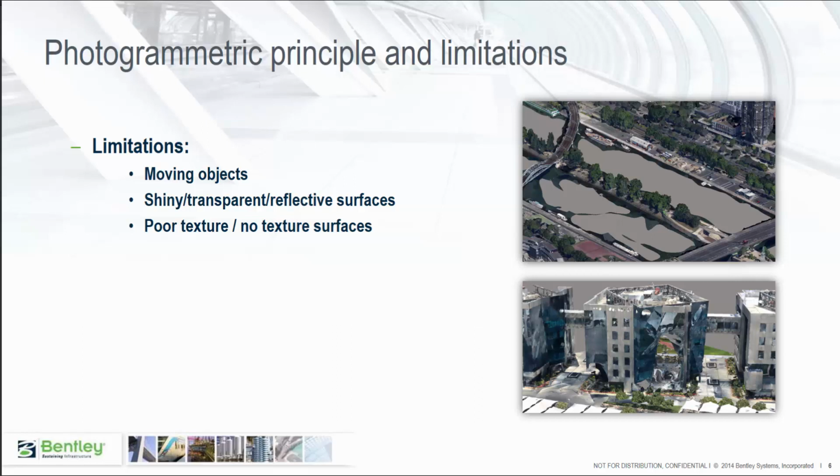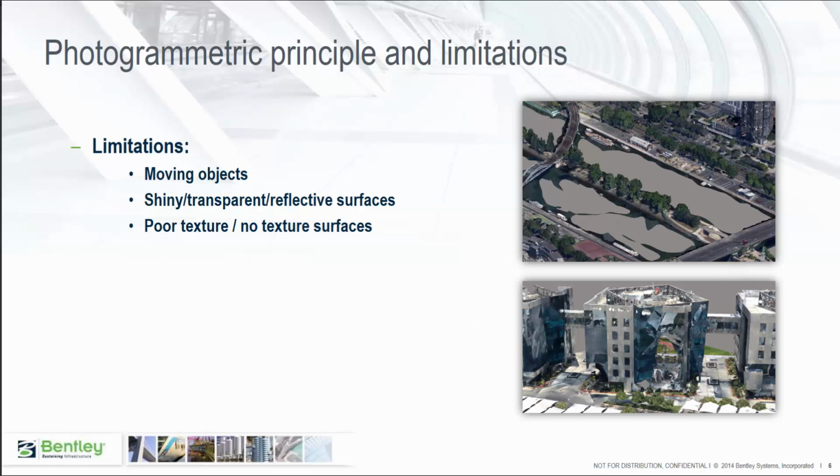So those moving objects will be automatically discarded from the reconstructed geometry, but can still lead to some artifacts in the texture. Then for shiny, transparent, reflective surfaces, the problem is that the pixels from one photo to another will not be described the same way. For shiny or reflective surfaces, depending on how the light hits your object, you can get really different RGB values for the same pixel from one photo to another.